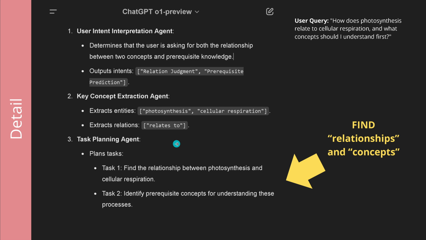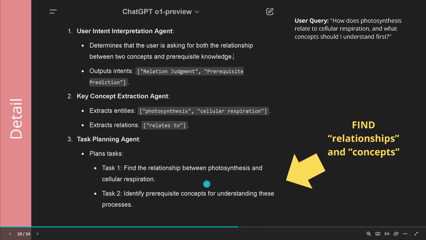And then comes the interesting part, the task planning agent. Whenever we have some intelligence that is invested in the planning of the strategy of the whole system, now it gets interesting. Tasks 1 and 2: find the relationship between photosynthesis and cellular respiration. Yes, this is exactly the question. And identify prerequisite concepts for understanding these processes.